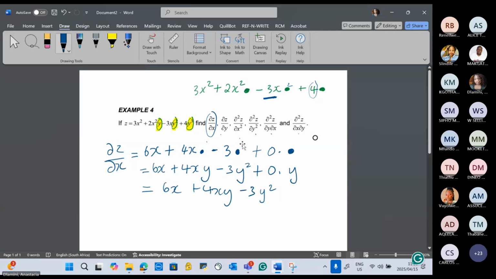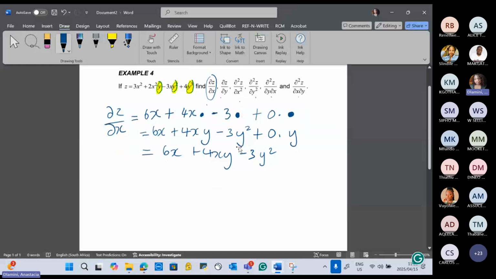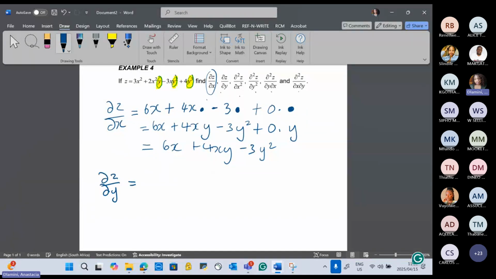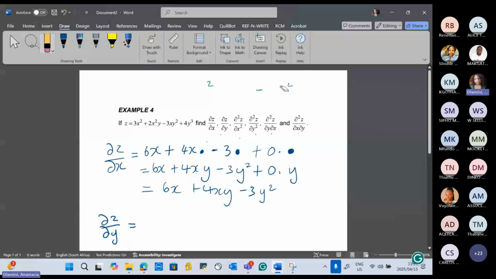Okay, so now remember we have partial z over partial x and partial z over partial y. Which one are we dotting now? Let's go back. Which one are we dotting now? The x, right? So let's erase. Guys, remember you are paying school fees or your bursaries are paying school fees, so you can't go without understanding.